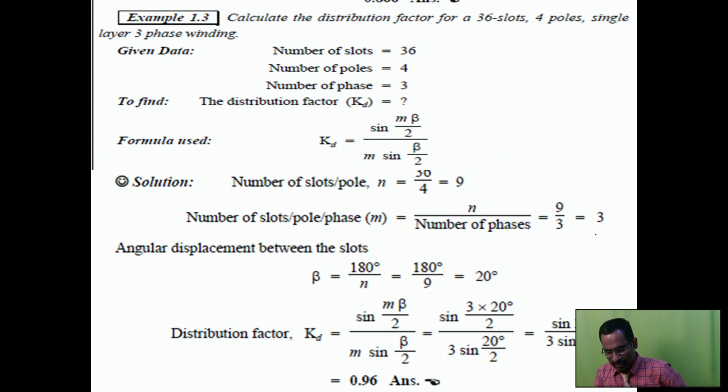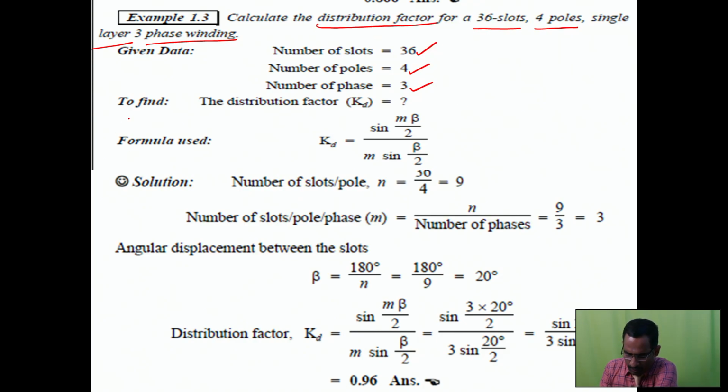Look at the data given here: calculate the distribution factor for 36 slots, 4 pole, single layer, 3-phase winding. So you can write the given data as the number of slots 36, the number of poles 4, the number of phases 3. Now we are going to find the distribution factor KD.